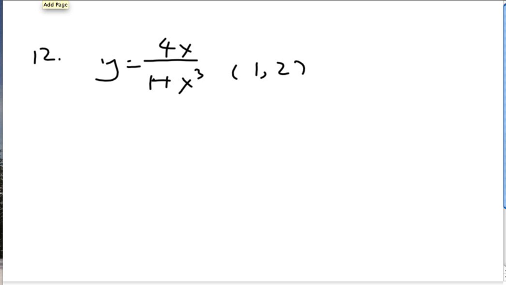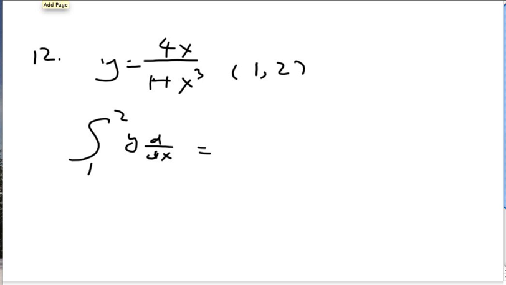A tangent line drawn to the graph of y equals 4x over 1 plus x cubed at the point (1, 2) forms a triangle with the coordinate axes. The area of the triangle.